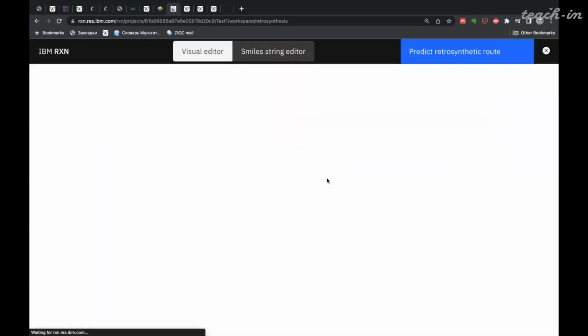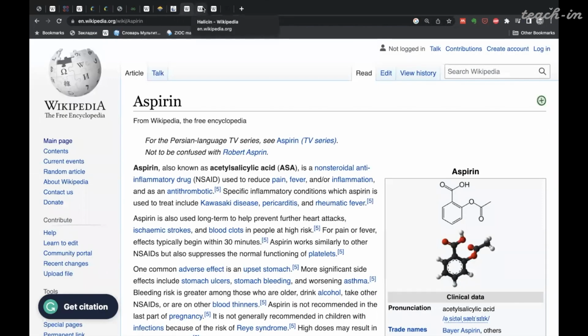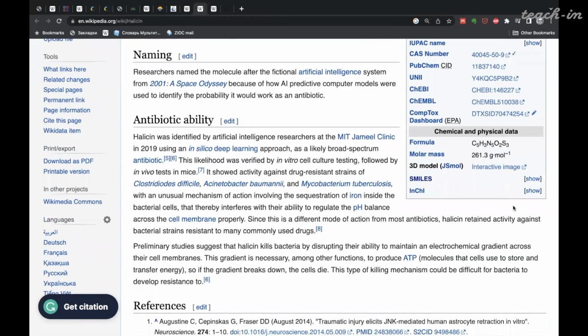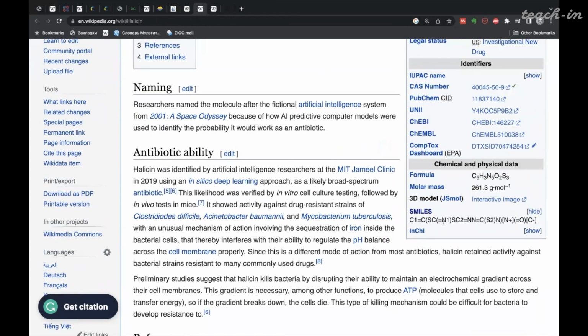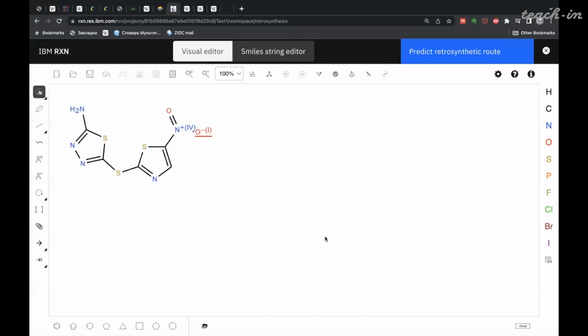So let's specify a target molecule. That can be aspirin, which would be really simple. Let's select this compound, allicin, for which we can get SMILES from Wikipedia and input it into the visual editor.